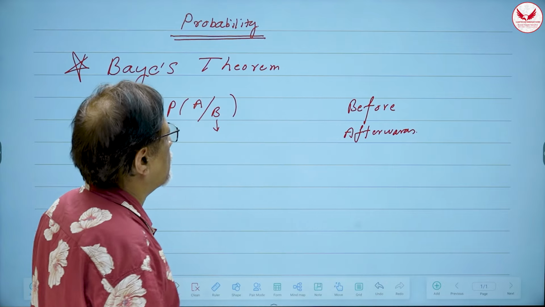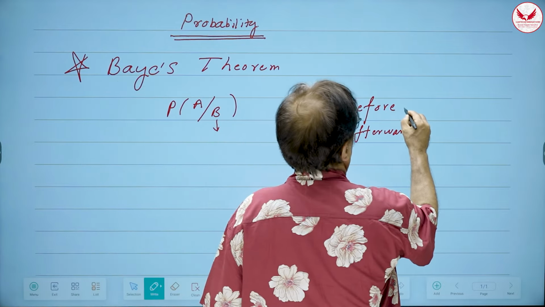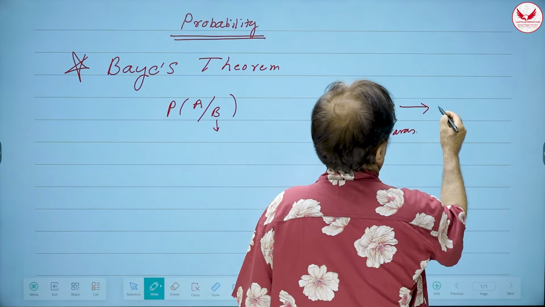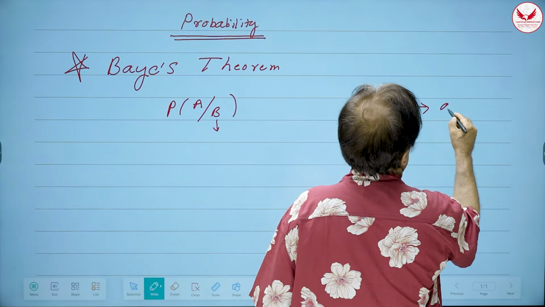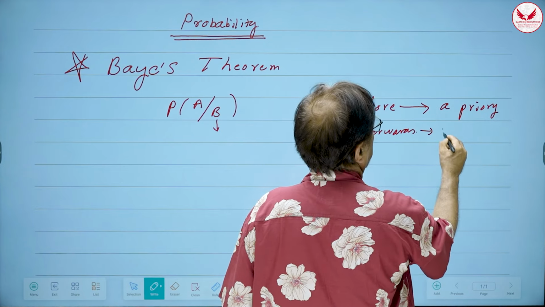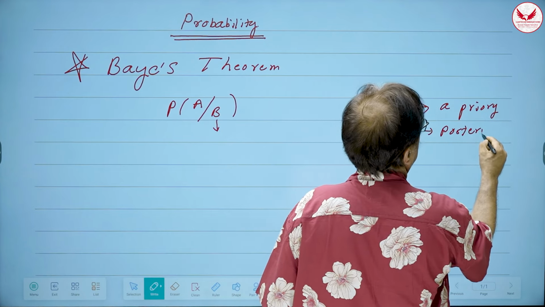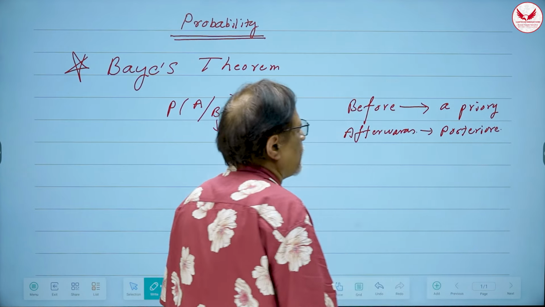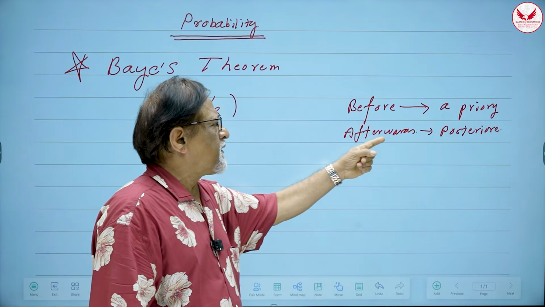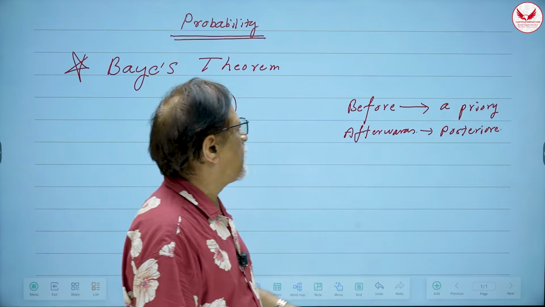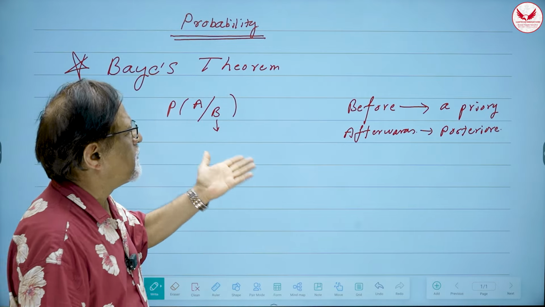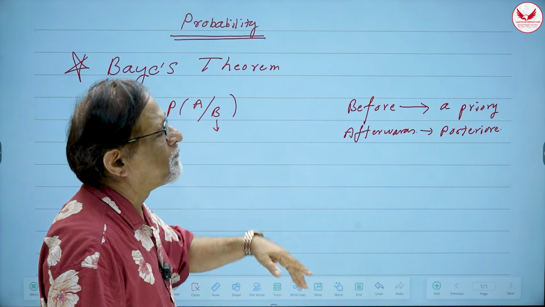In mathematics, in Latin notation, before is called a priori and after is called posteriori. I don't want you to memorize this nomenclature, but you should understand that when I say a priori, I am talking about the event which has happened before, and when I say posteriori, I am talking about the event which has happened afterwards.